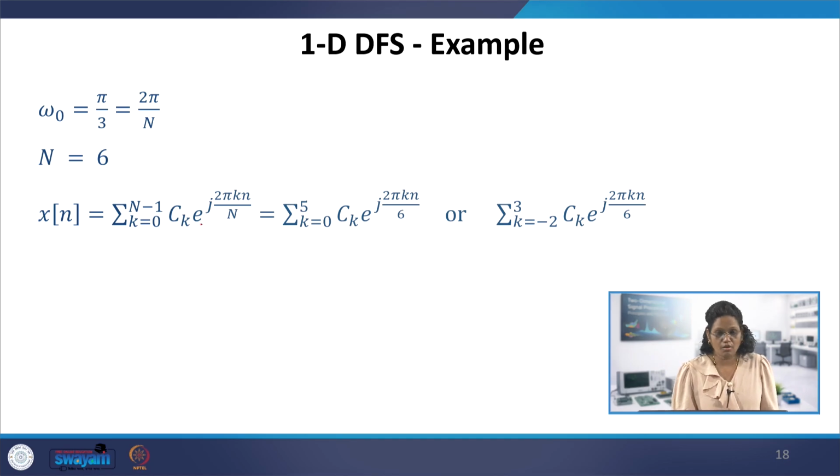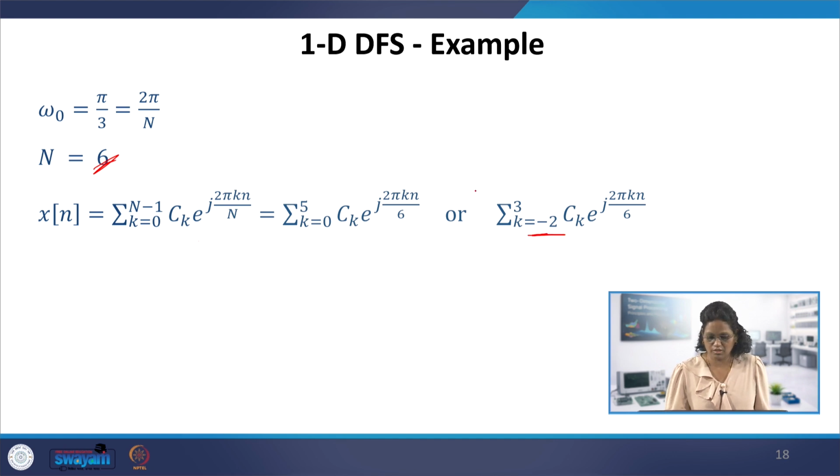So for x of n, from the analysis equation you get the coefficients, and in the synthesis equation, if you have the coefficients you can write x of n as the sum of these. So in the synthesis equation, how do we represent it? It is the sum of the sinusoids, e power j 2 pi k n by N. Because N is 6, k varies from 0 to 5, with coefficients ck, or it can be from minus 2 to 3 as well.